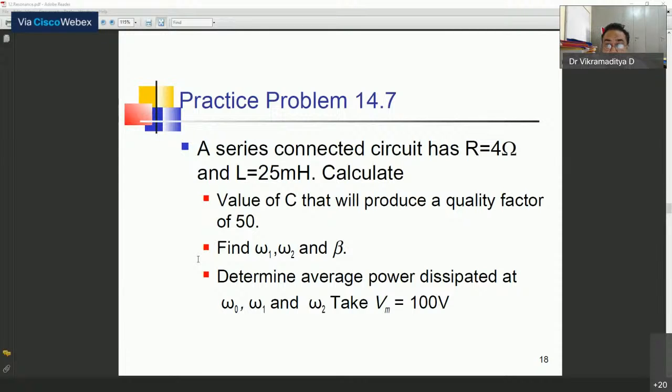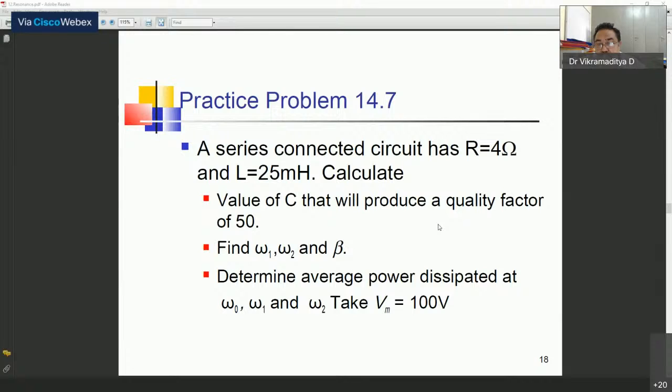We want a quality factor of 50, and omega naught is nothing but 1 upon root LC. By substituting all these values, you can find out the corresponding value of C.